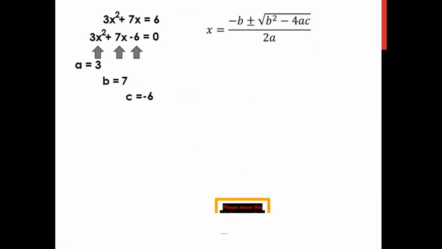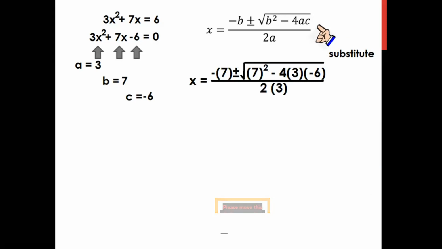After that, the coefficients in our equation will be substituted in our formula, the quadratic formula. Okay. After substituting, this is the equation.